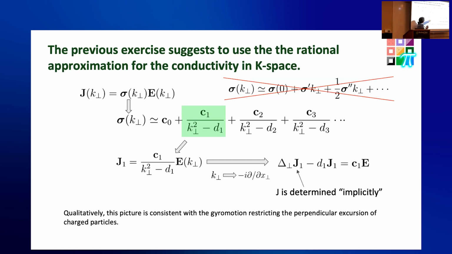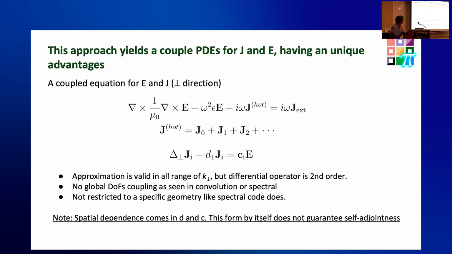Then take each term, and we just need to bring this denominator to the other side, and replace this K perpendicular with the gradient. Then it becomes this kind of diffusion equation for J1. Of course, we need to do the same thing for all of these terms. So J becomes a summation of J1, J2, J3, J4, depending on how many terms you use for the rational approximation.